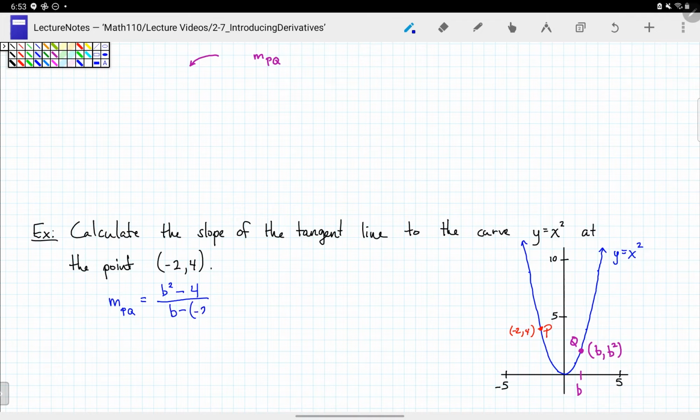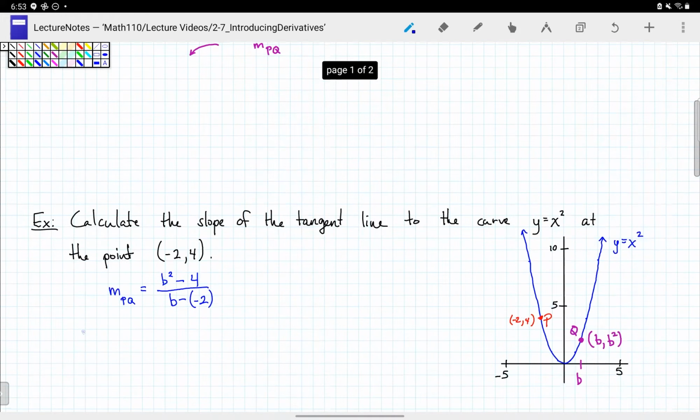So it's the difference in y coordinates divided by the difference in x coordinates. And then the slope of the tangent line, I'm going to call that m sub t, is going to be the limit as b approaches -2 of that slope. So b squared minus 4 divided by, and b minus -2 is b plus 2.